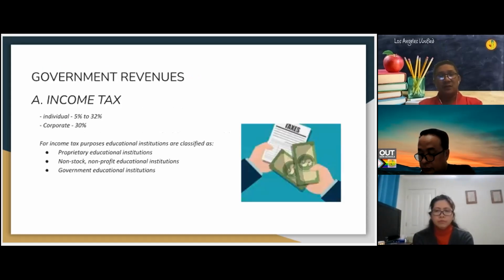So where did the money of the national government come from? From the income tax, which for individuals, the Philippine government is charging us 5 to 32%, and for corporations about 30%.